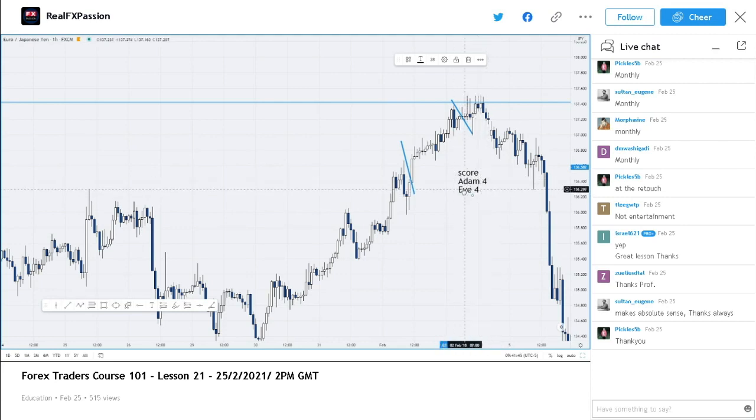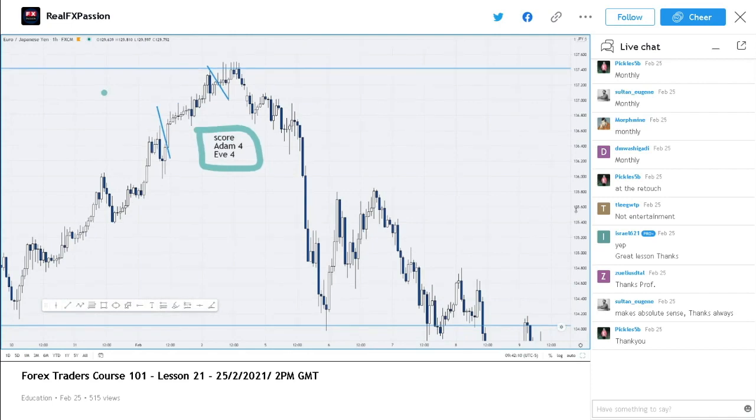Eve is not anxious, Adam is. Adam is working more, he's wasting more time in front of the chart. Eve, she is not. And from a beginner trader perspective, this is like, oh, it doesn't matter to me, right? Not relevant. Well, let's continue.